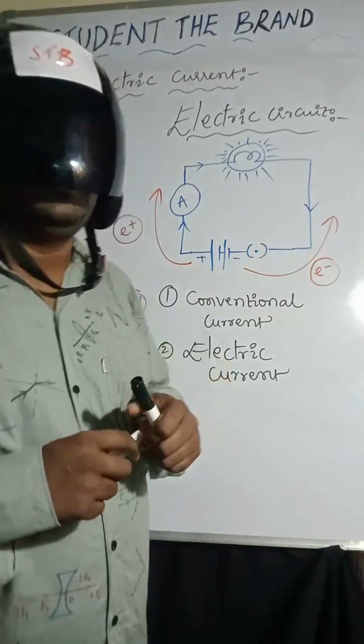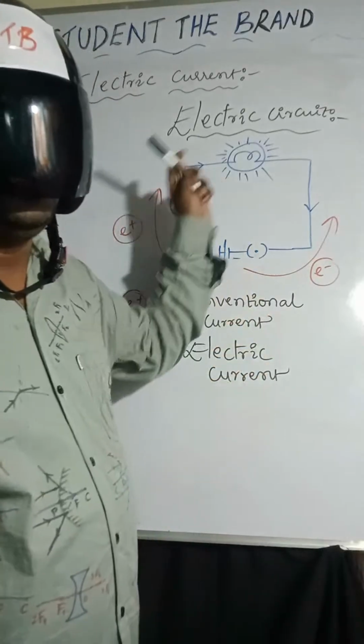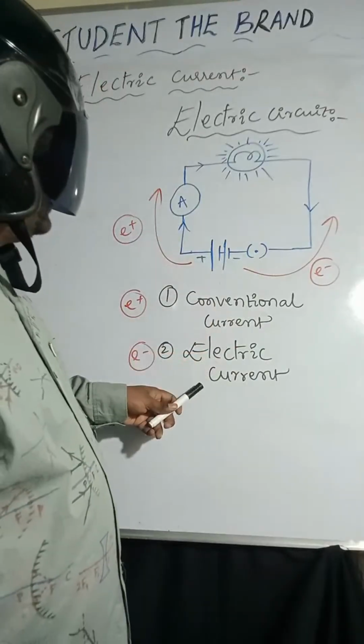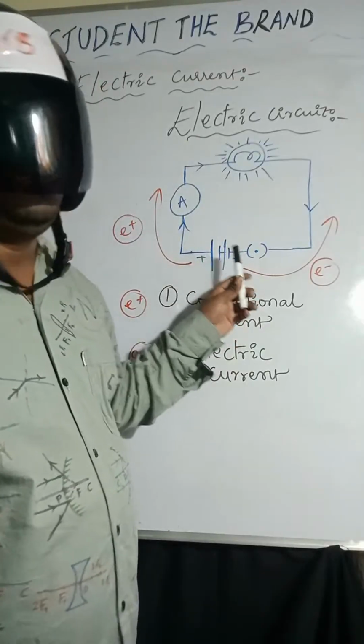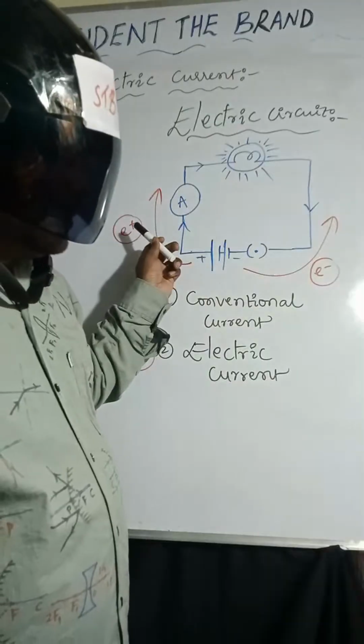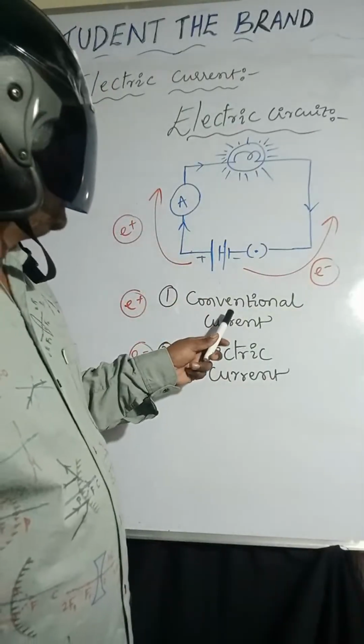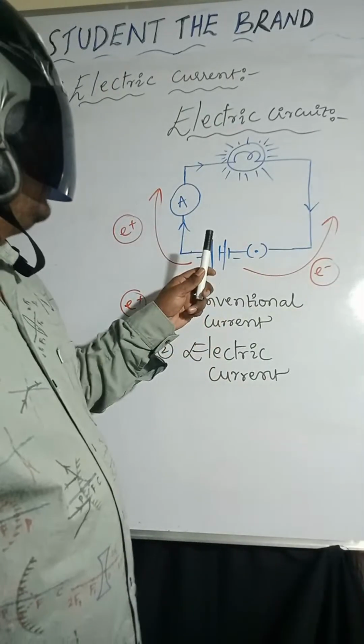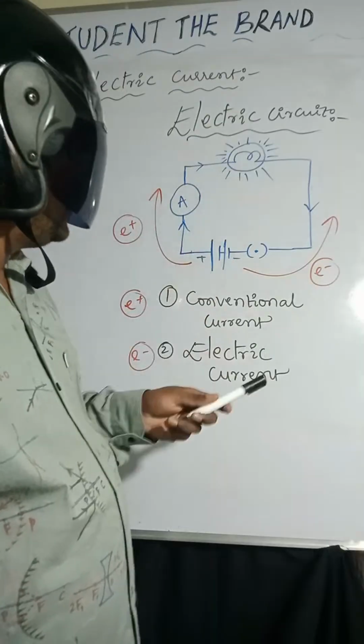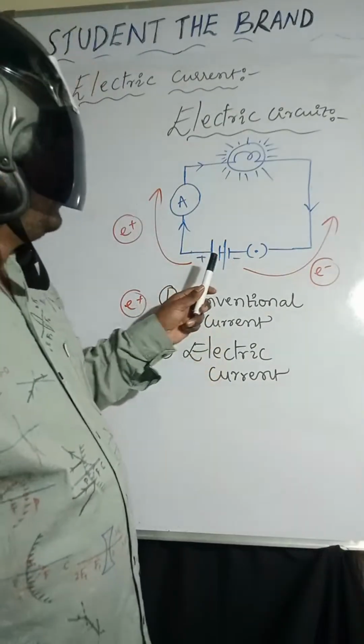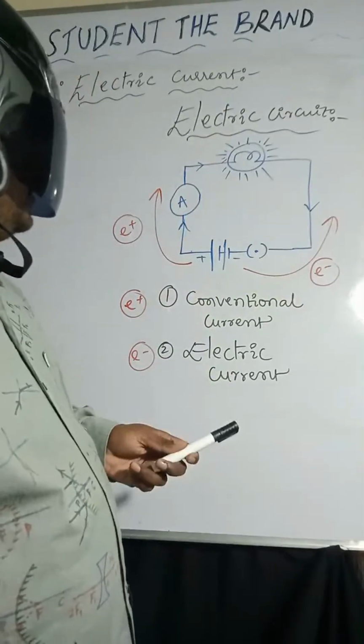Conventional current moves from high potential to low potential, whereas electrons move from low potential to high potential.